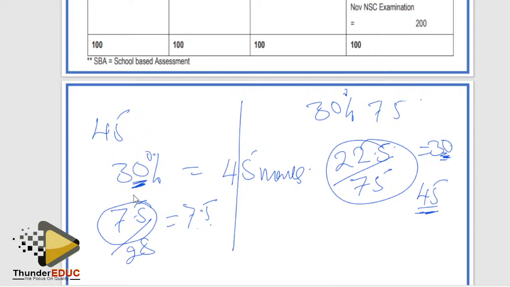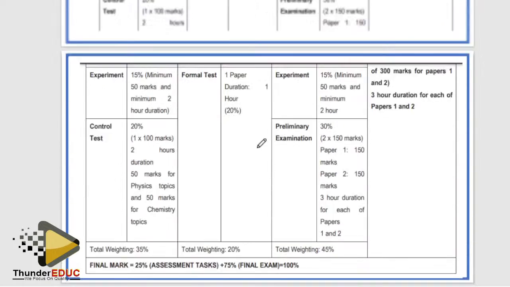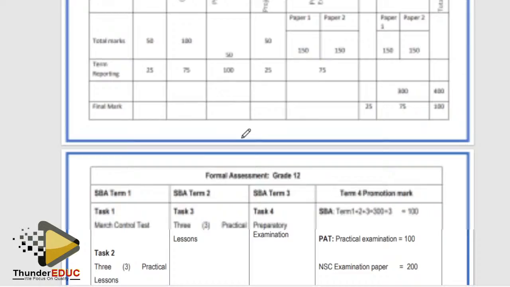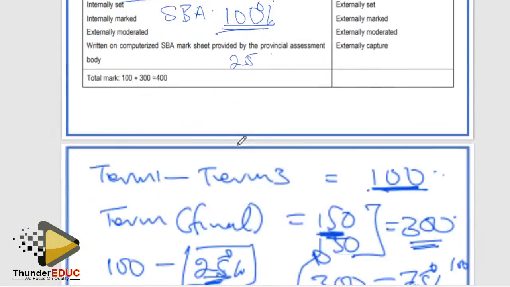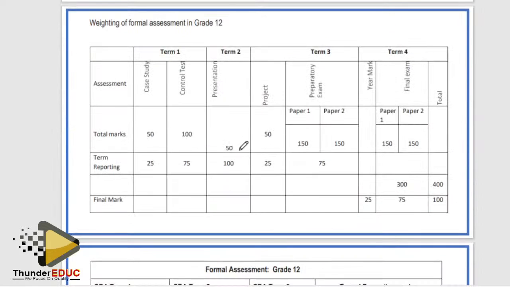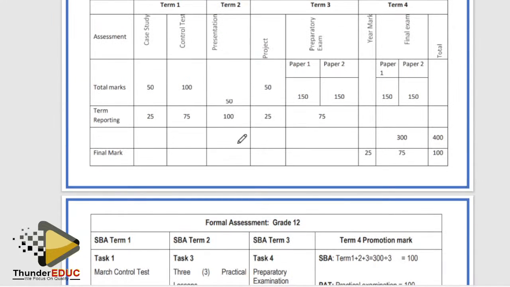What about the people who are writing exams which have a CAS mark? It has the CAS mark, the SBA, the PAT, and then the final exam. So this is what I was trying to say: from term 1, term 2, term 3, all of it, we convert it to 25%.